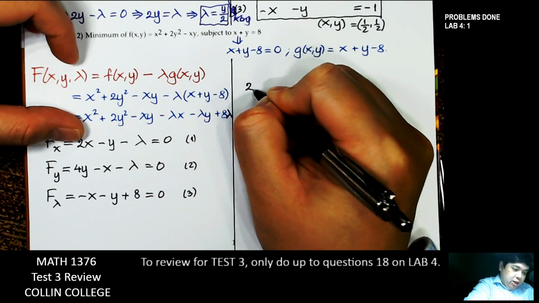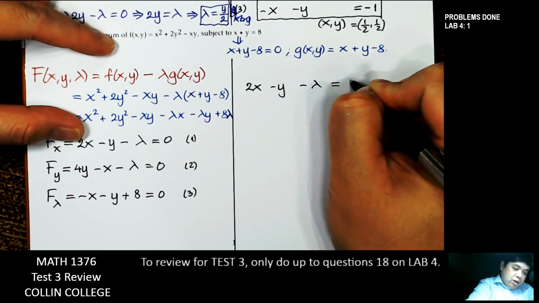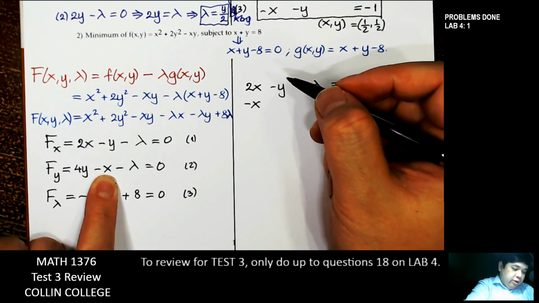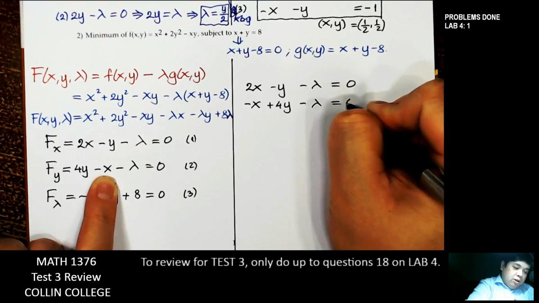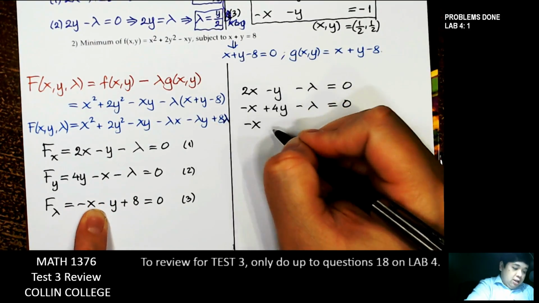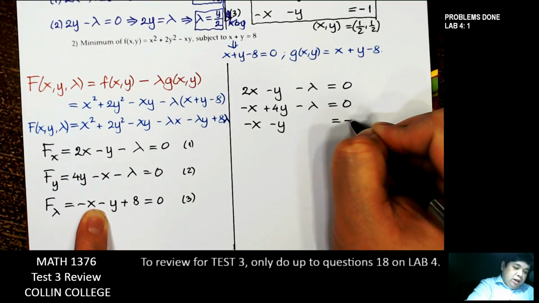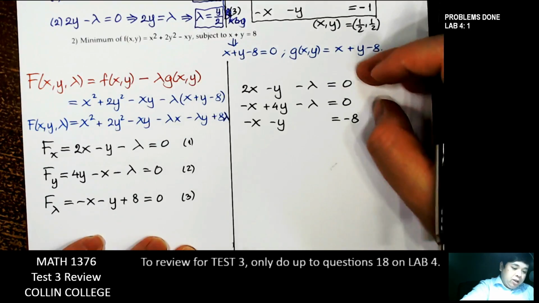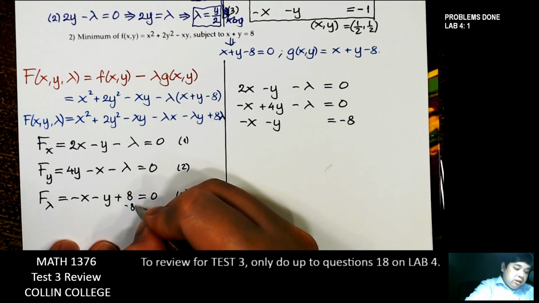So I will put that as 2x minus y minus lambda equal to 0, then negative x plus 4y minus lambda equal to 0, and minus x minus y equal to negative 8. We have to align the variables. So the x column, y column, lambda column, and the constant on the other side.